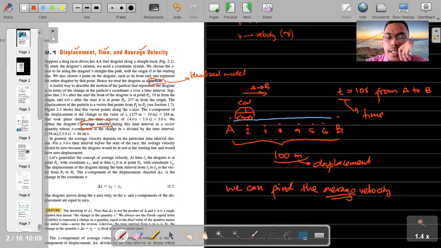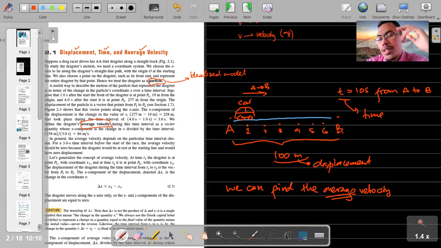Let's say when the car is at point A, the velocity is high, and then at point 2, the velocity is lower. Then the car increases the velocity, so the velocity will be higher at point 3, but the car will decrease the velocity at point 4.